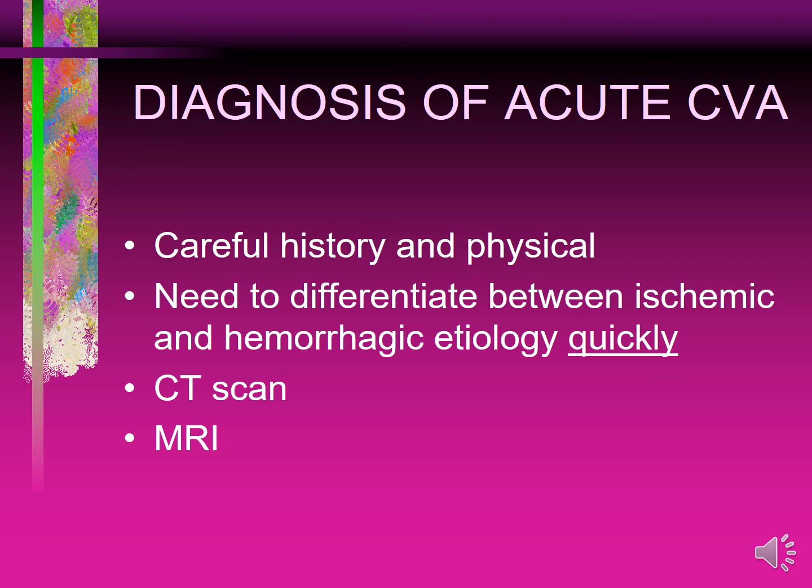Now, a CAT scan will not really show the ischemia at the time that it's occurring, but what it will do is show bleeding immediately. So when they do the CAT scan and they don't see bleeding, then they know they're safe to give the TPA, because if they don't show the bleeding, then they know there is no bleeding, and they can assume very safely that there probably is an ischemic cause for this CVA.